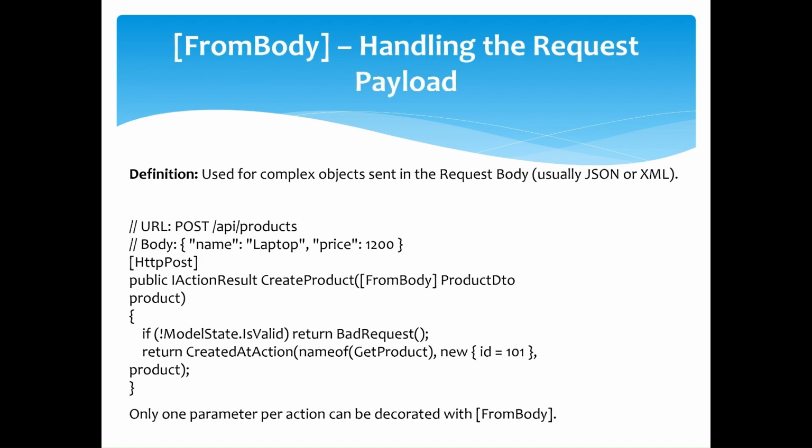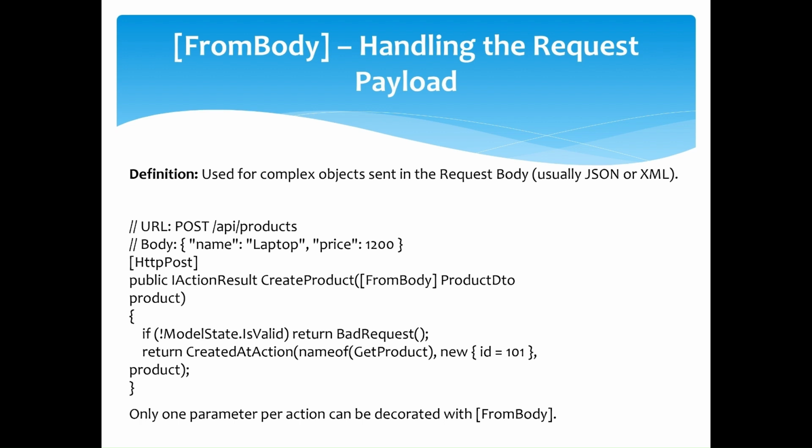Let's understand FromBody. When you need to send large, complex, or deeply nested objects to the server, like when creating a new product, that's where FromBody comes into play. This attribute tells the application to read the data streamed inside the actual HTTP request body, which is typically formatted as a JSON payload. Look at our HTTP POST example. We are expecting a complex type called ProductDto.